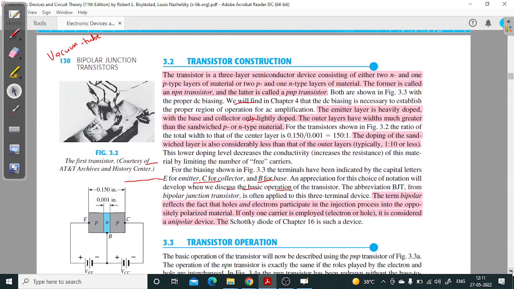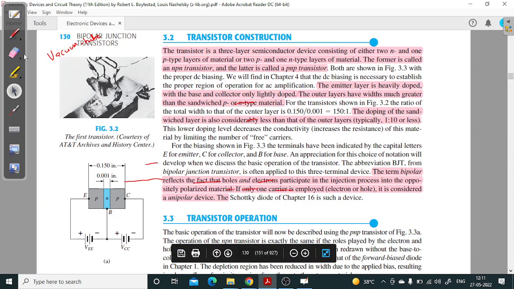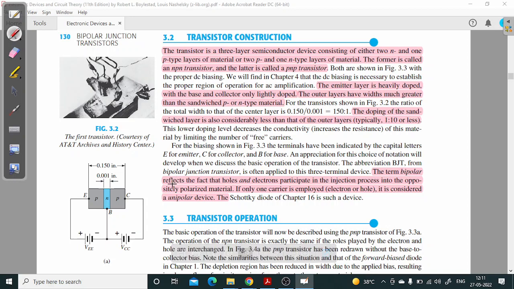So let us come to the construction of BJT. Look at this diagram.